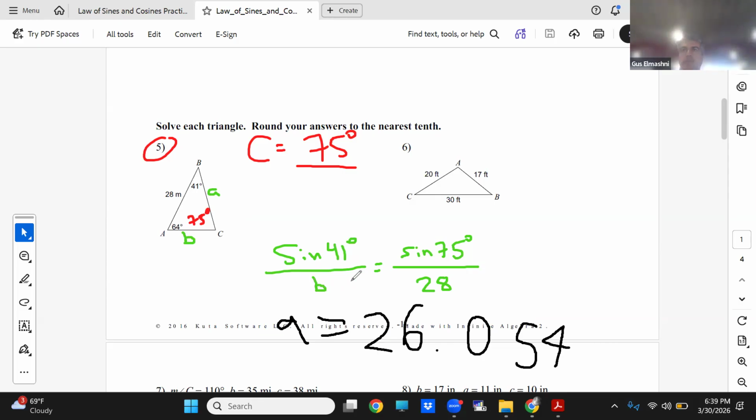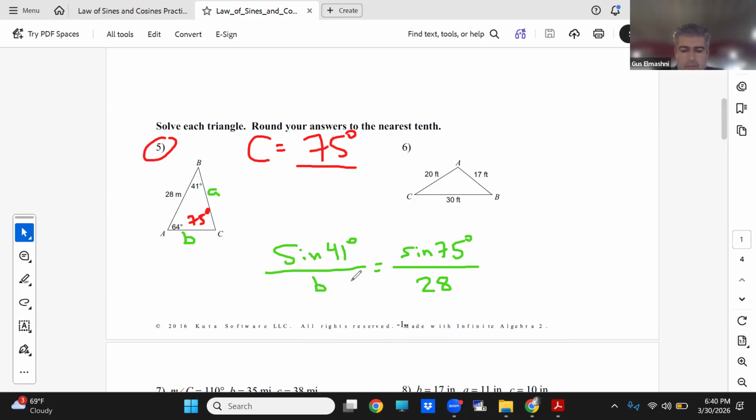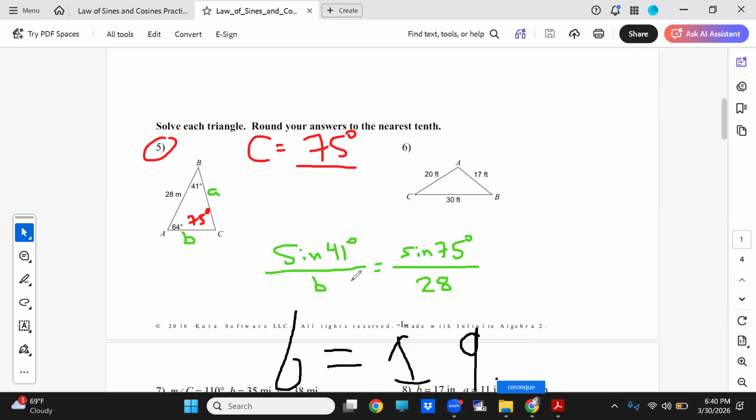Okay. Now I'll solve for little b. Okay. I got b equal to 19.017.